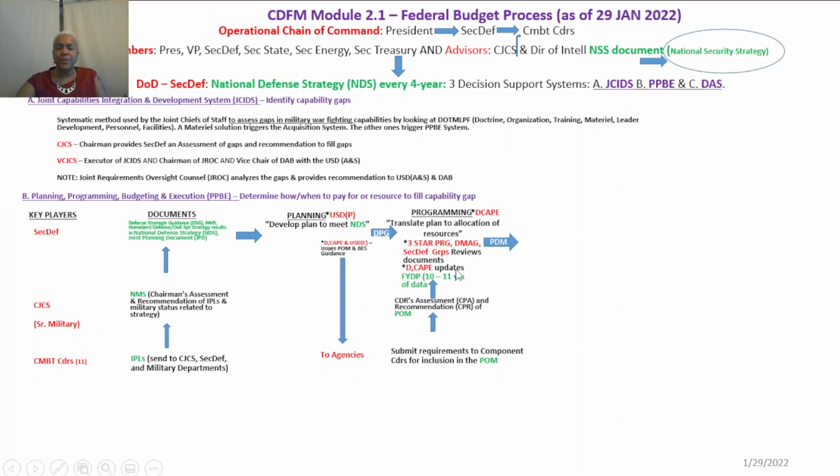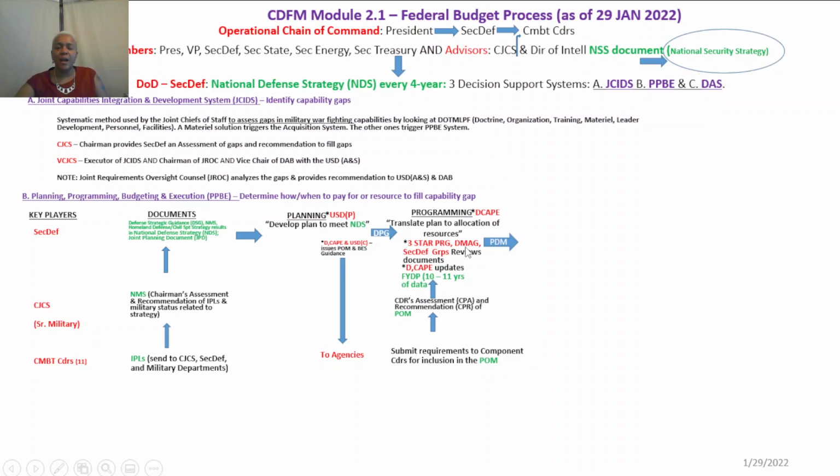So DCAPE, the POM goes up, it goes through several decision-making bodies. 3-star group, DMAG, SecDef, they review the documents. They make recommendations, they make approvals, and whatever they're not allowed to approve, they send up to the SecDef for final decision.